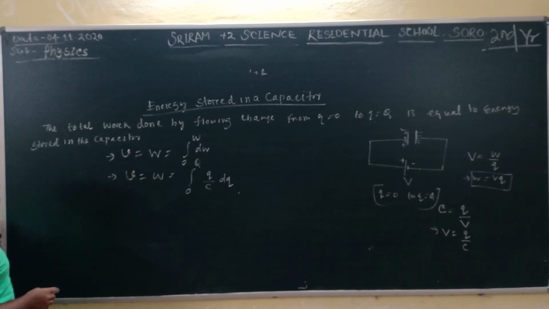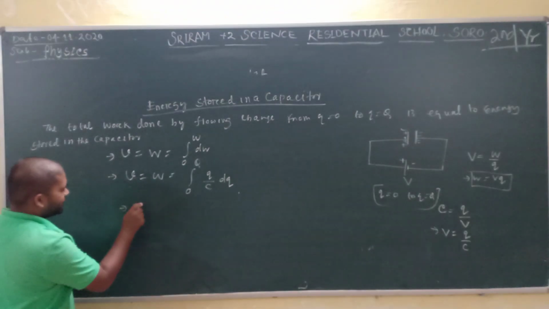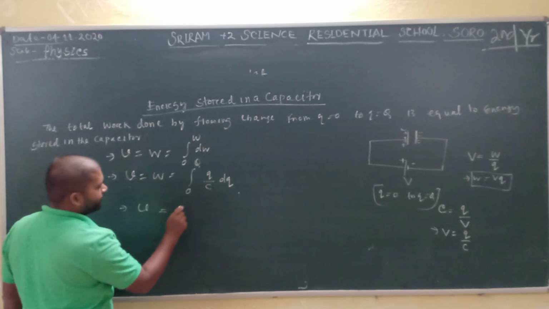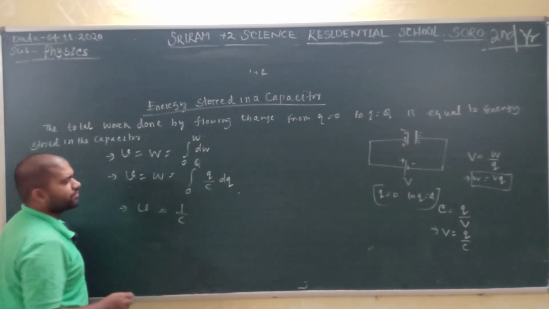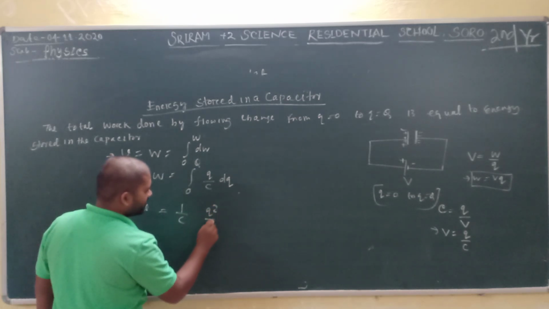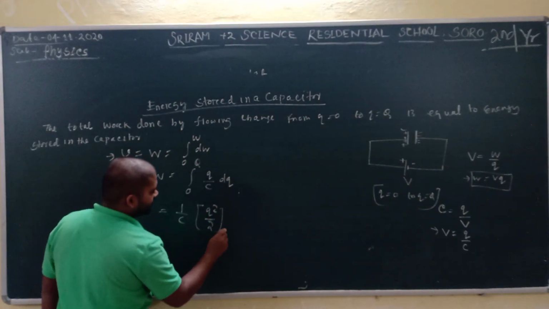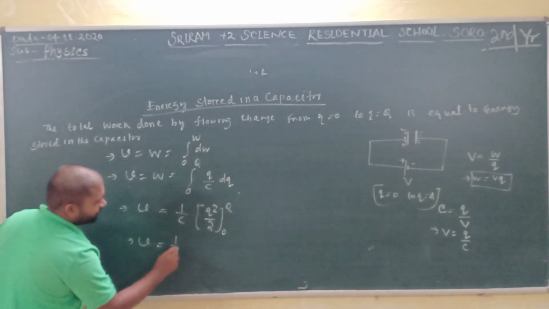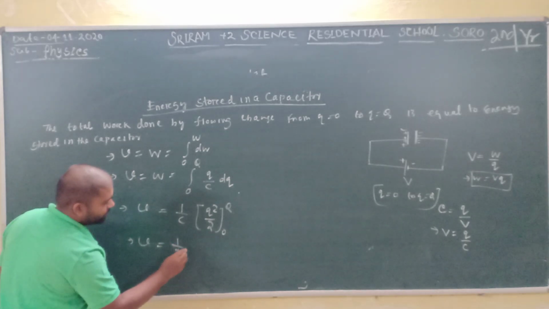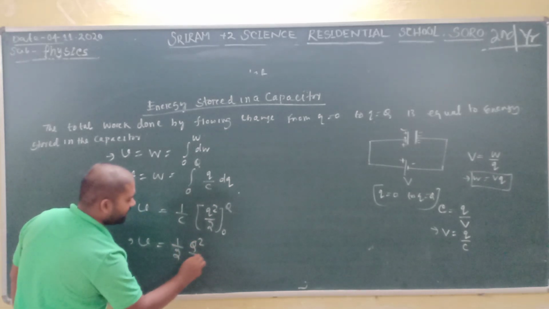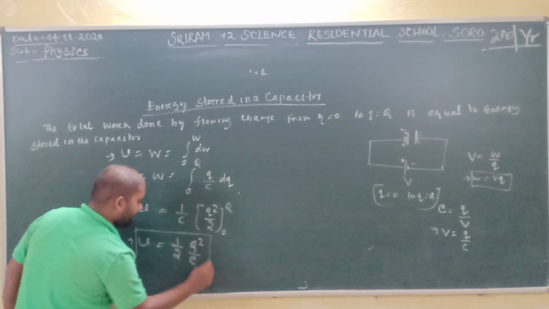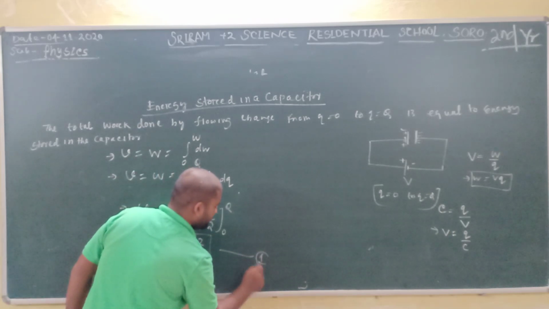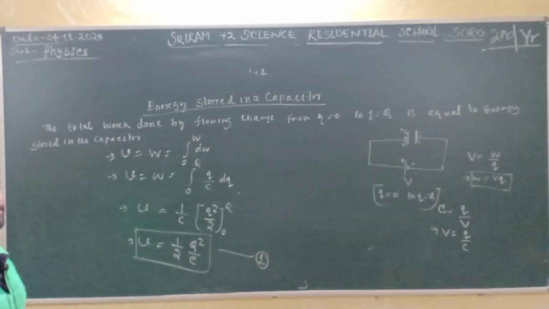So U equals 1 by C times the integration of Q dQ, that is Q square by 2, with limits 0 to capital Q. So U equals 1 by 2 Q square divided by C. Take this as equation 1.